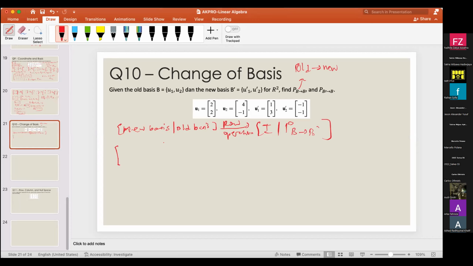The new basis is this one: 1, 3, and -1, -1, 2, 2, and 4, -1.